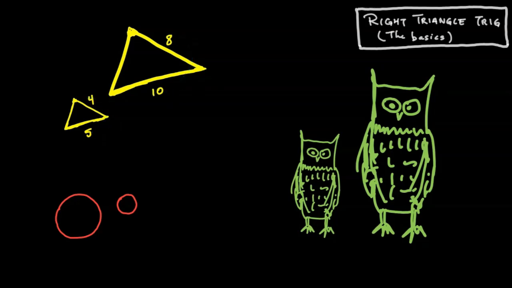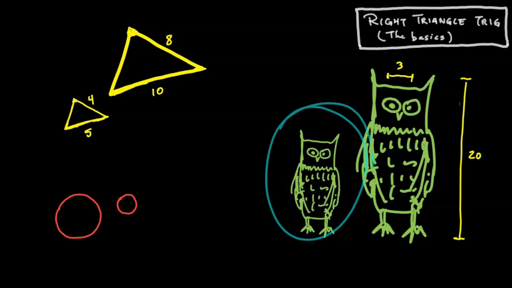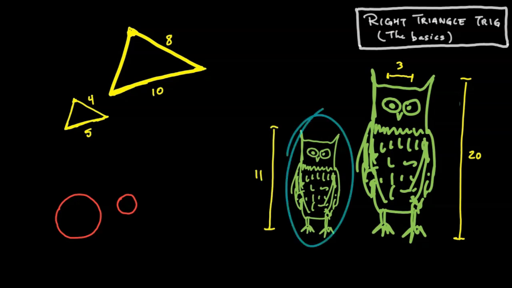Or if we look at this similar pair of owls, if the large owl's height is 20 units, and the distance between its pupils is 3 units, then that same 20:3 ratio is going to hold on the smaller but similar owl, even though the individual measurements will differ. For example, if the small owl is 11 units high, then what is its pupillary distance?